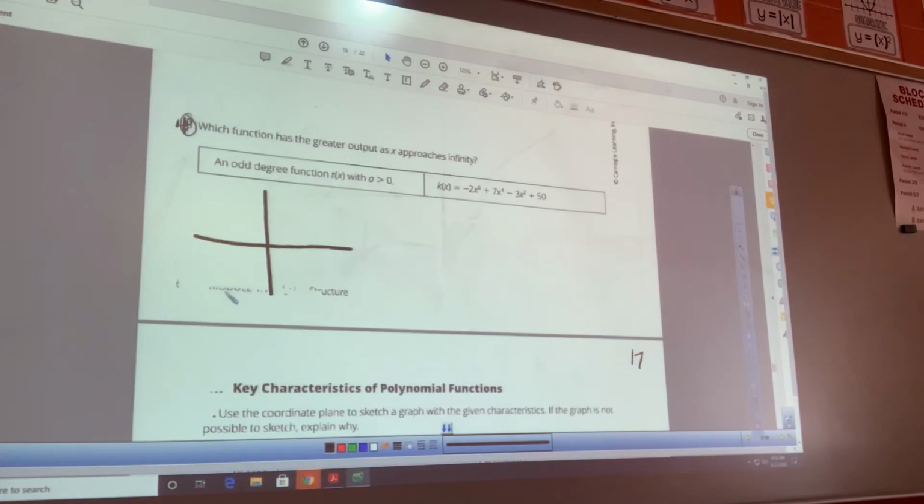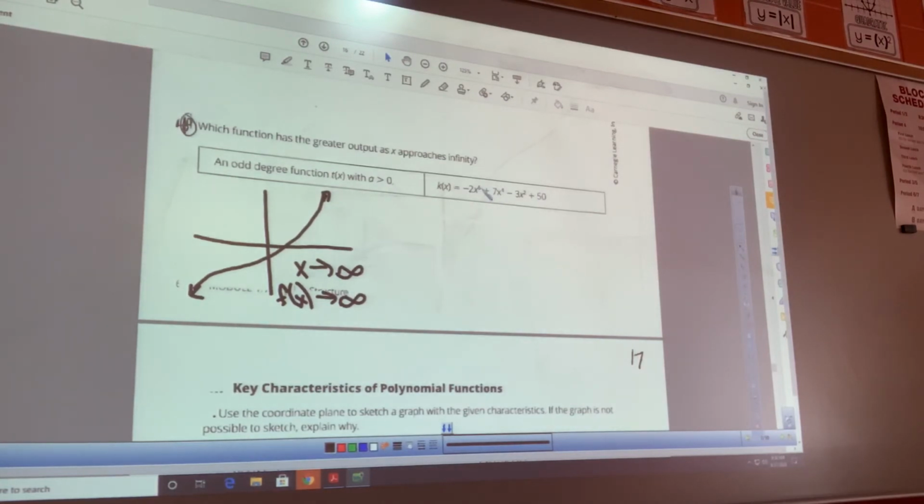So that means it's positive. It's going here and ending here. So it's doing something like that. So this is saying as x approaches infinity, what is my f of x, or what are my y's doing? That's also approaching infinity. Let's look at this one.